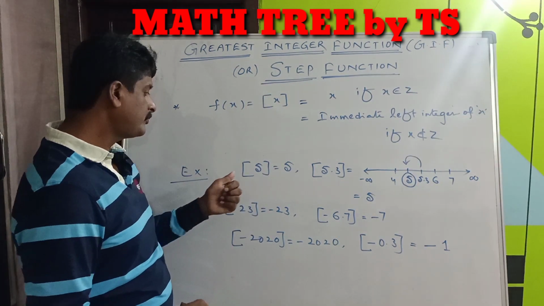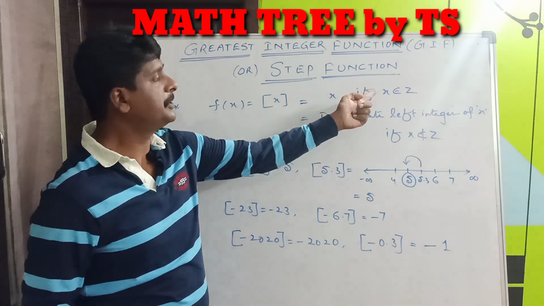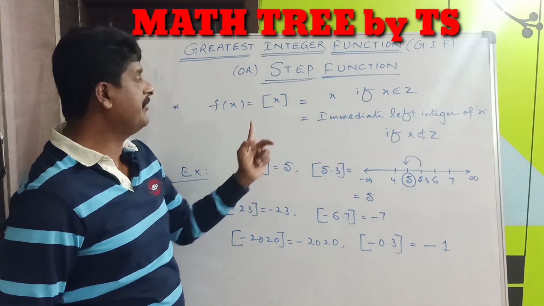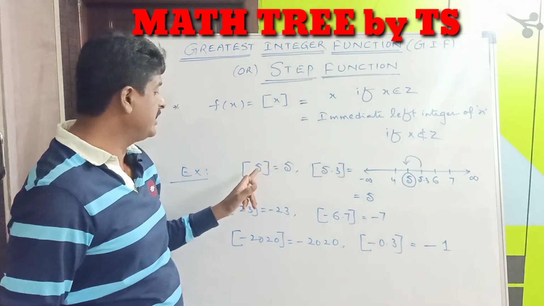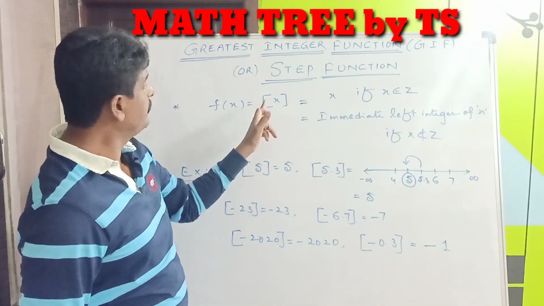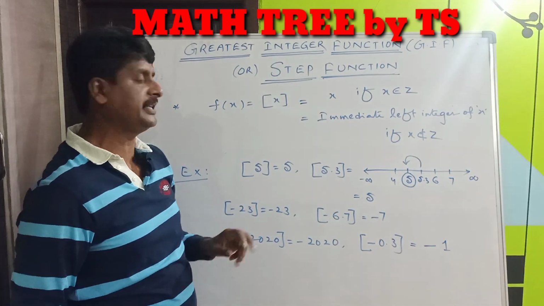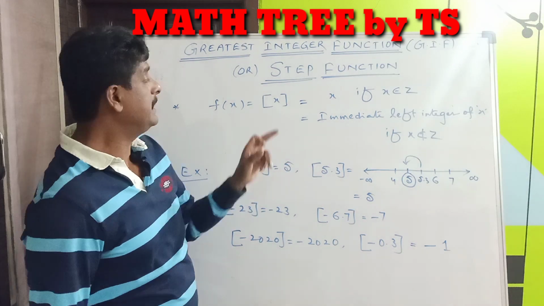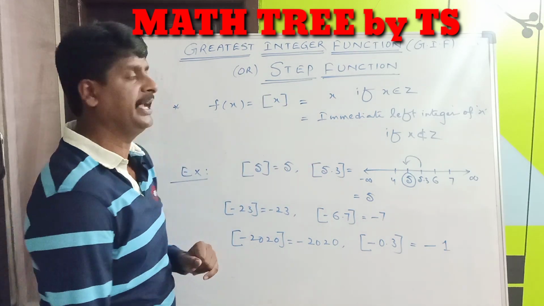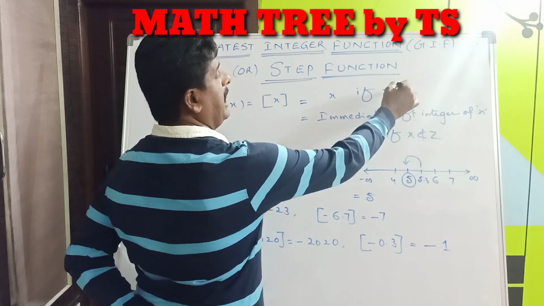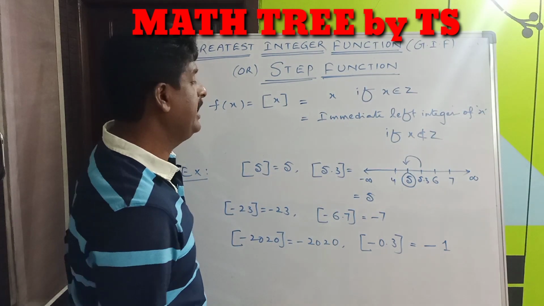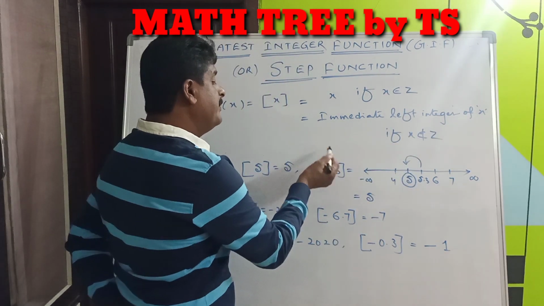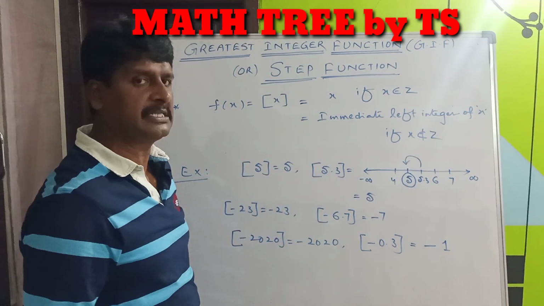For example, step of 5, does it go to the first case or second case? 5 is an integer, that's why it goes to the first case. In the first case, step x is equal to x as it is, so step 5 is equal to 5. Step of 5.3, instead of x we have 5.3. 5.3 is not an integer, that's why it goes to the second case. The second case says that its immediate left integer is its answer.